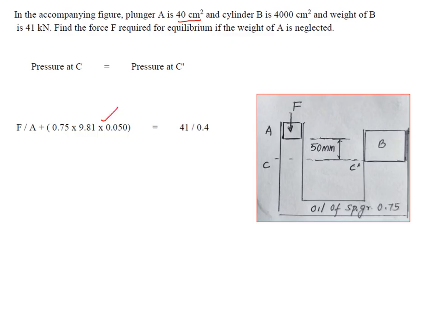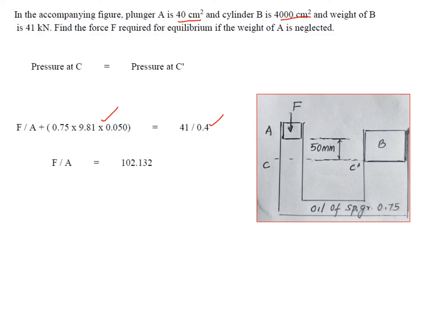So weight of B is 41 kilonewton divided by the area. So area is 4000 centimeter square, that if you divide by 100 square, you will get 0.4. So therefore area is 0.4. So 41 divided by 0.4. So now if you solve for F by A, it will come to 102.132 kilonewton per meter square.